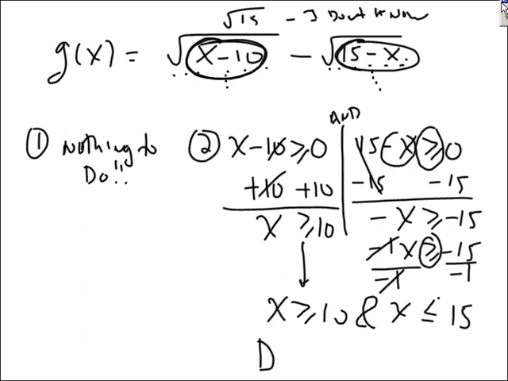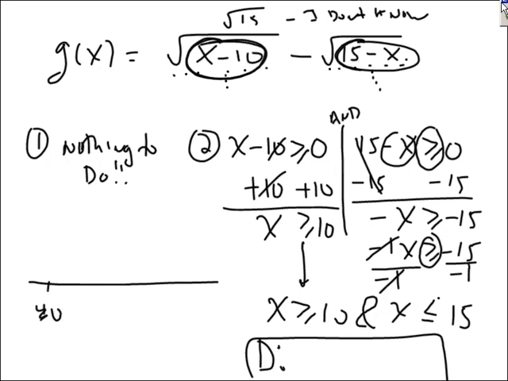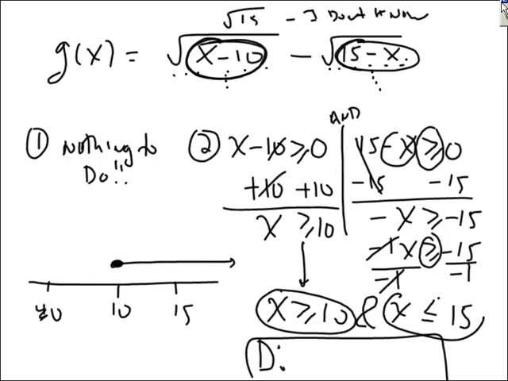So down here I'll put the final answer, but let's see what's going on. Here's 0. There's 10. There's 15. x is equal to 10 or bigger. Here's equal to 10. Here's bigger. x is equal to 15 or less. For and, you have to look for overlapping.